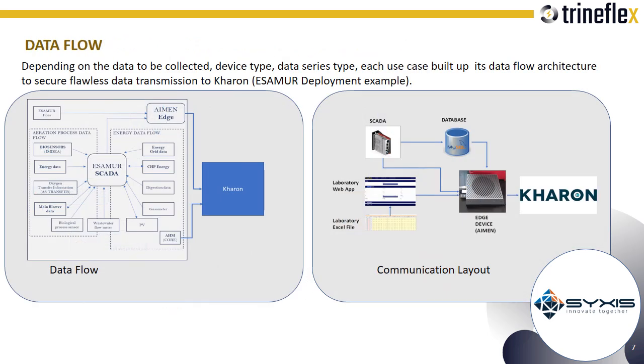Depending on the data to be collected, device type, data series type, each use case built up its data flow architecture to secure flawless data transmission to Kharon. In the picture is represented as an example the ESAMUR use case data flow architecture and the communication layout that was deployed.